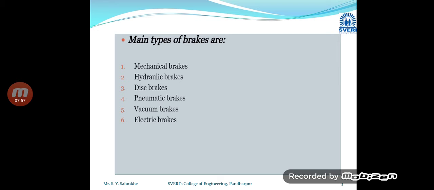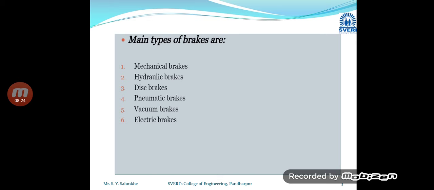The next type is the electrical brakes. In case of electrical brakes, the principle of eddy current is used. We know that when any conductor is rotating, at that time current is generated, or if you are supplying current, that conductor will start to rotate. In that case a reverse current is generated, and that is called eddy current.